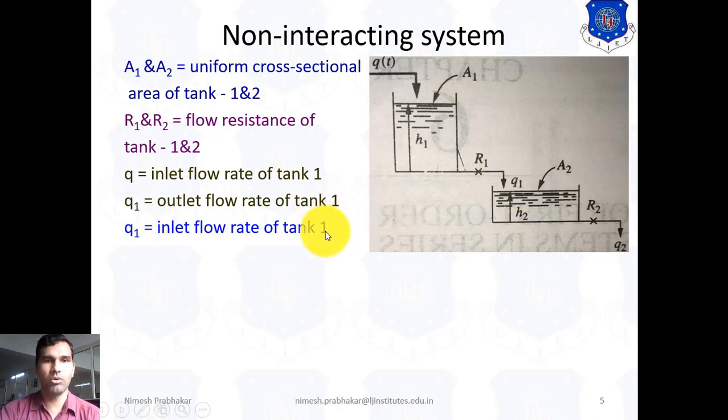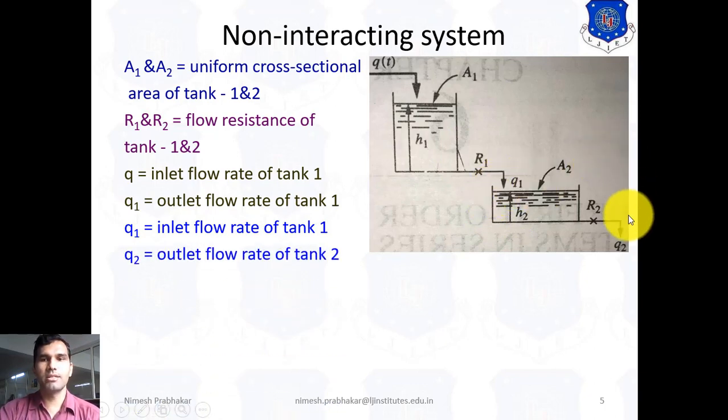So this is the inlet flow for tank 2, because Q1 goes directly into tank 2. Q1 is the outlet flow of tank 1 and also the inlet flow of tank 2.